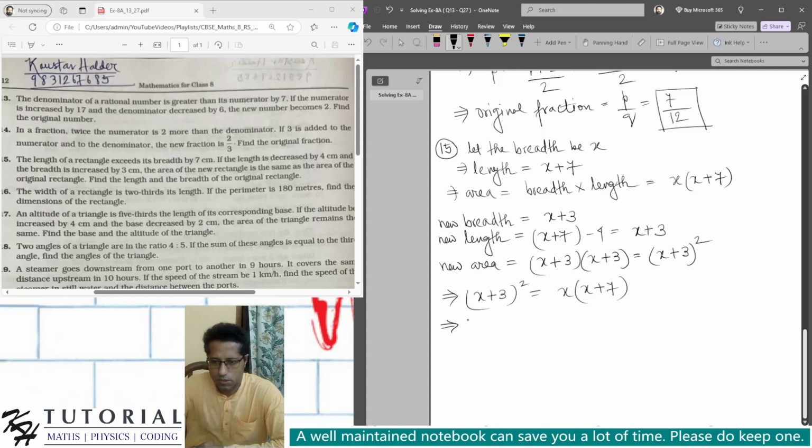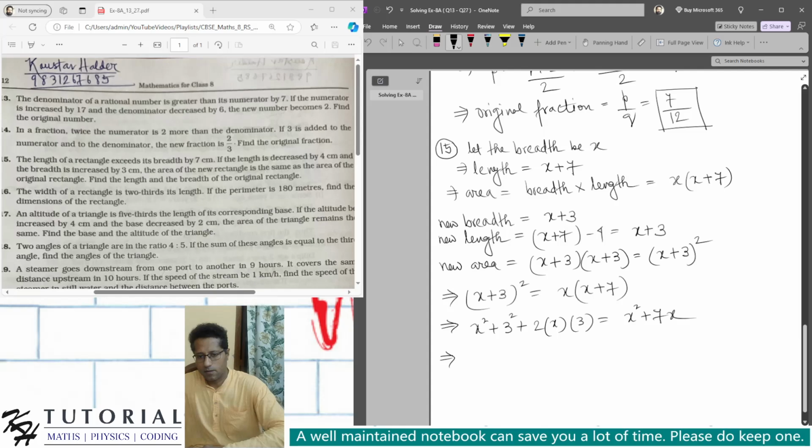So if you do the squaring of the LHS using the formula a plus b whole square is equal to a square plus b square plus twice ab, and the right hand side becomes x square plus 7x.